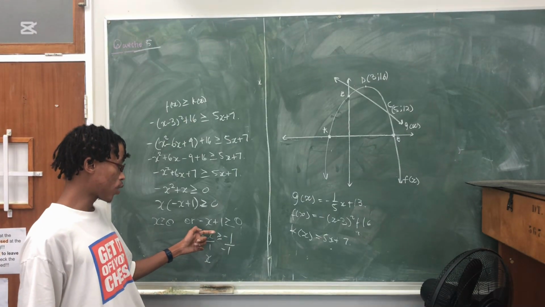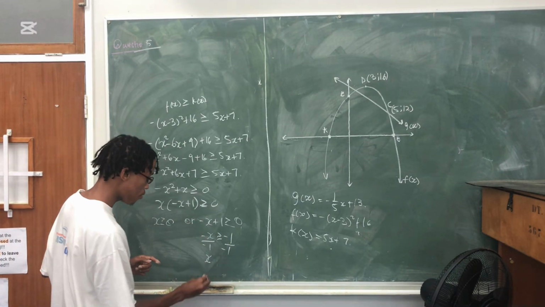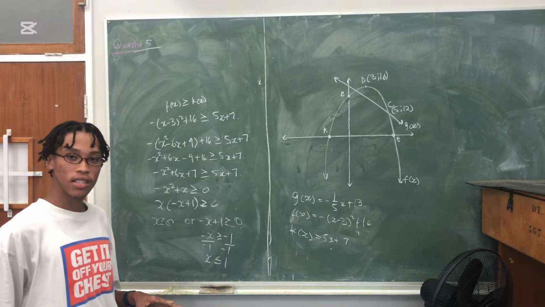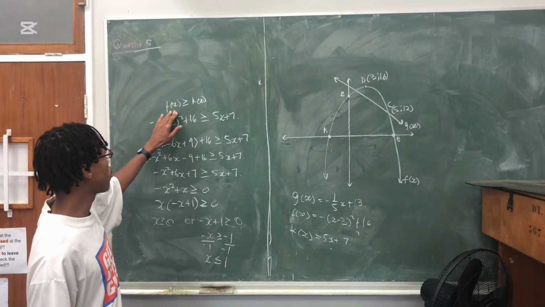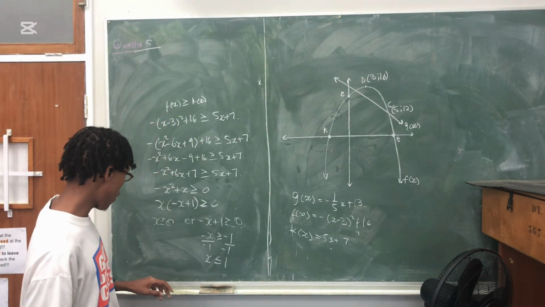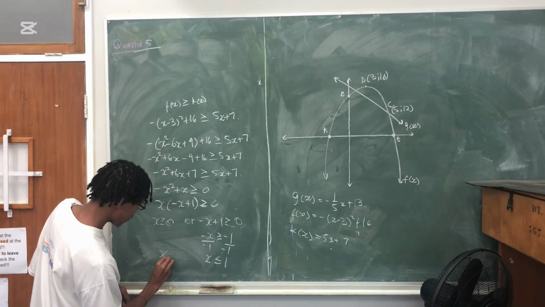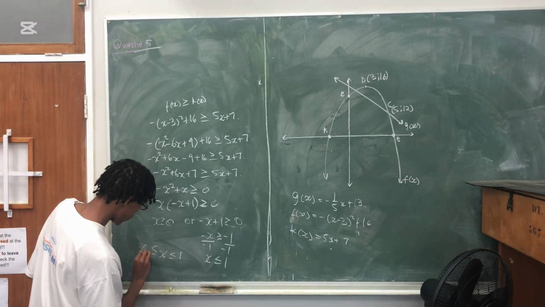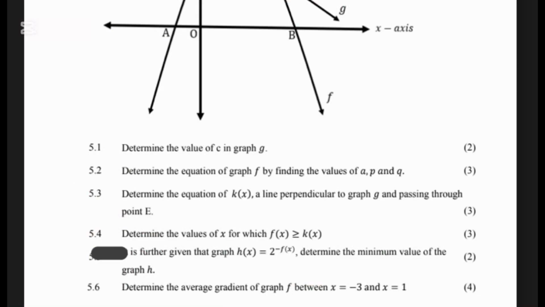So initially you had greater or equal to, now we're going to have less than or equal to 1. So the values of x for which f of x is greater or equal to the k of x function are x values that are less than or equal to 1 and greater or equal to 0.